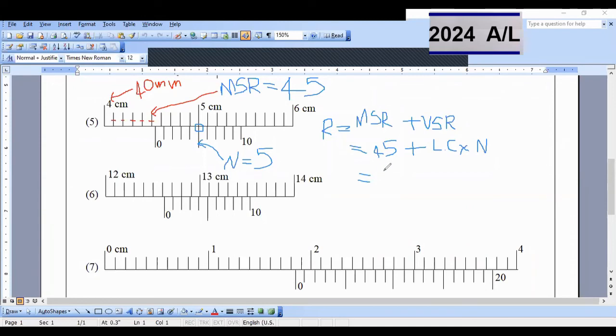We have drawn a few of the figures for us to understand. Vernier scale reading is least count into coinciding vernier number. So this is 45 plus least count 0.01 millimeter, and the coinciding number is 5.